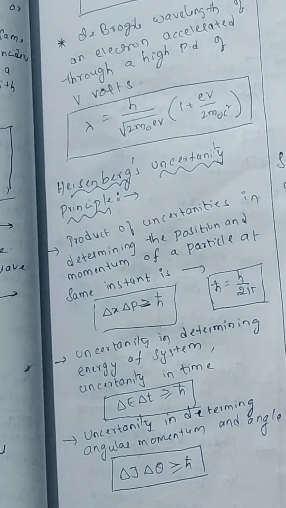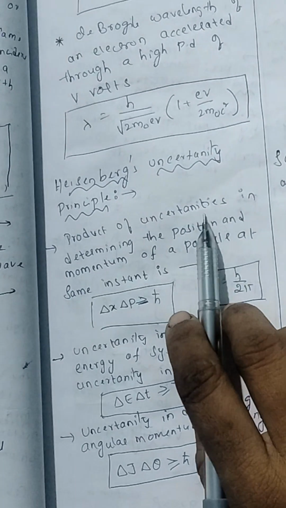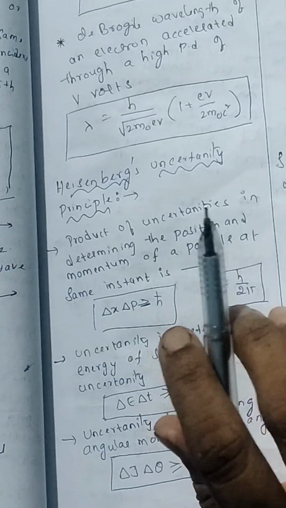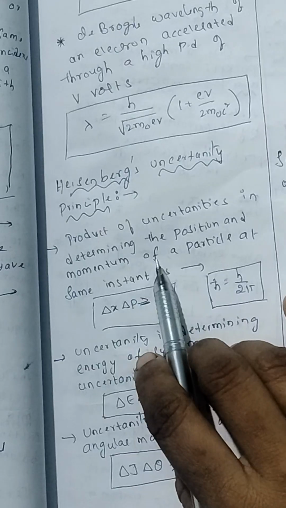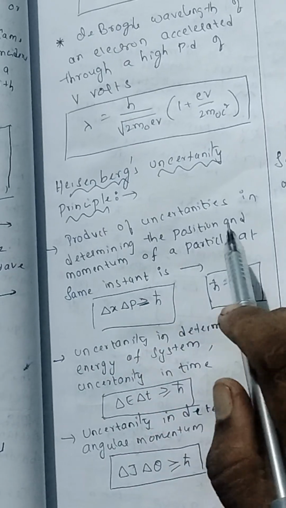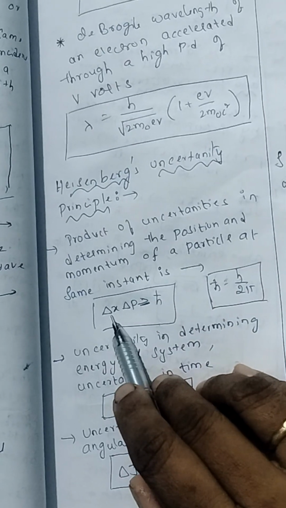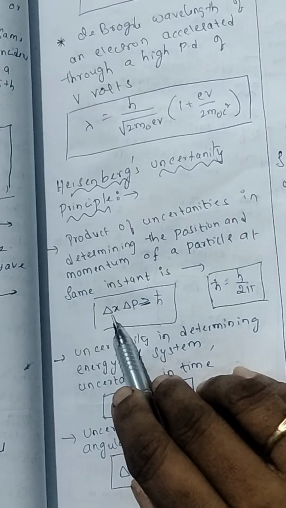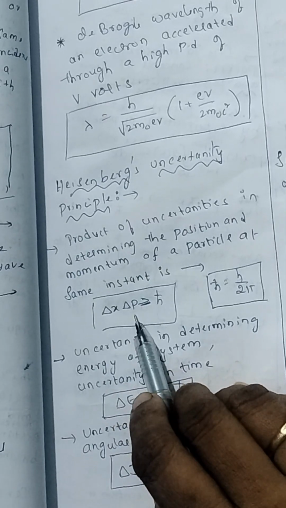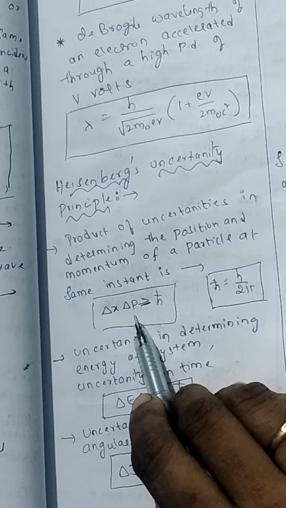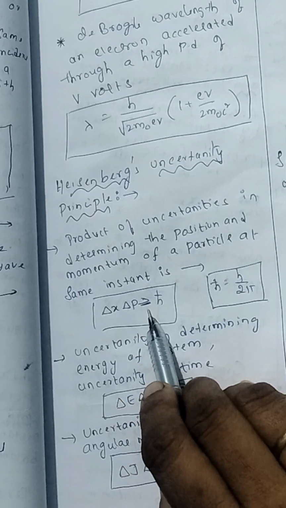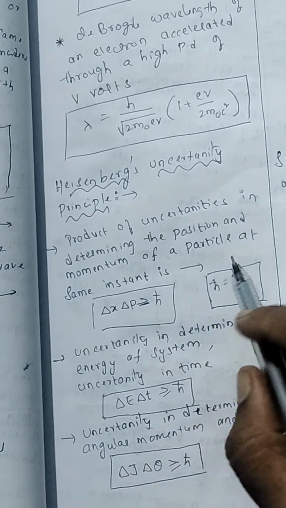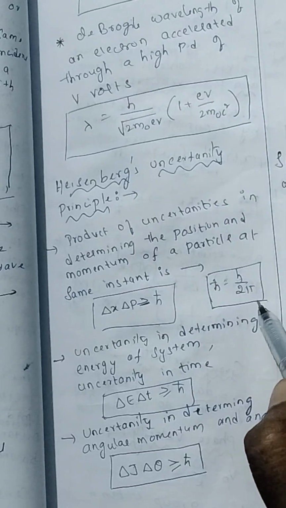It is impossible to determine the uncertainties in position and momentum simultaneously. If delta x is the uncertainty in determining the position, and delta p is the uncertainty in determining the momentum, then delta x delta p is greater than or equal to h cut, where the value of h cut is h by 2 pi.